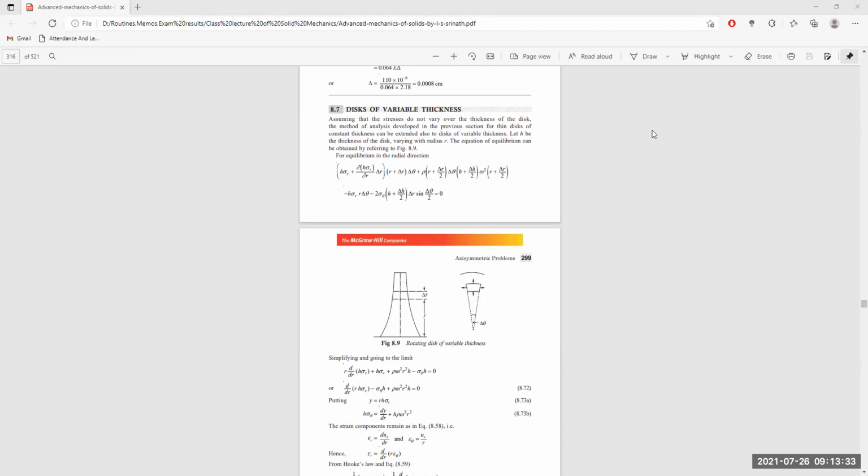Now let us take up the last portion of this present chapter, the disk of variable thickness. You see, there are instances we have seen in your strength of material, certain objects where the resisting stress per unit area is uniform throughout the section, whatever the external load.